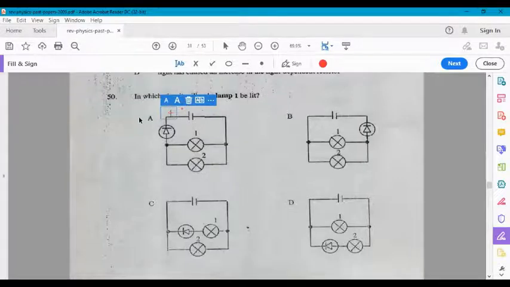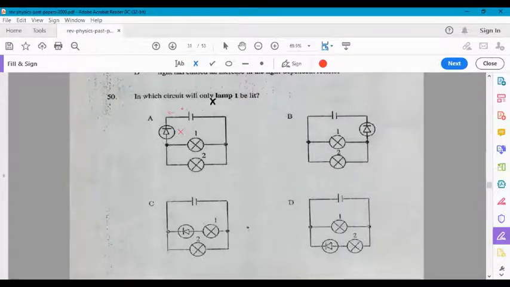and around. So for this one, the way the triangle is pointing on the diode tells you which way it is orientated. And in this one, it is not pointing in the same direction as the current, so that one is out. It's going to block the current from getting to lamp 1, so lamp 1 will not be lit in A. In B, lamp 1 is going to be lit because the current direction is the same, but also lamp 2 will be lit.